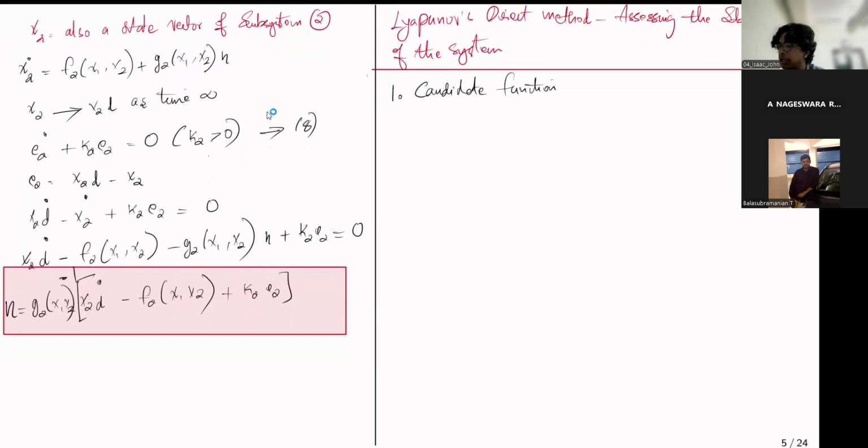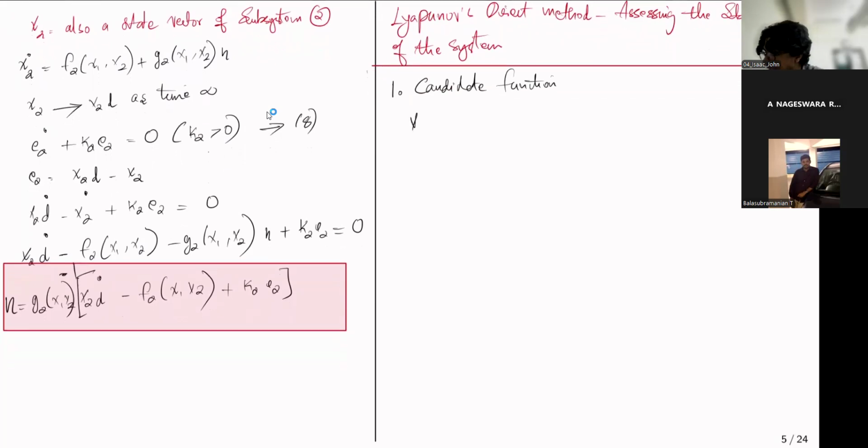It can be anything, but there are certain rules you have to follow while selecting a candidate function. So we'll assume that the candidate function V of E1, E2, the function of errors of the first system and second system, is half of E1 transpose E1 plus E2 transpose E2.